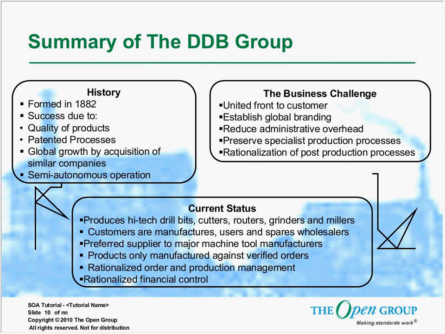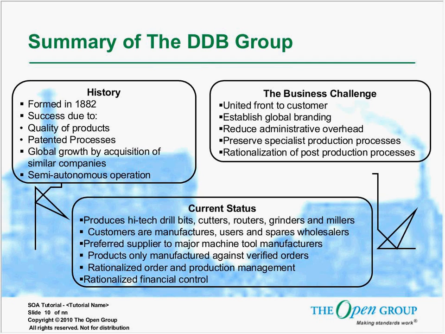The Dursley Drill Bit Group is a company that manufactures manufacturing components. So drill bits, cutters, all sorts of widgets in general necessary for manufacturing. They've even gotten into robotics later on downstream.